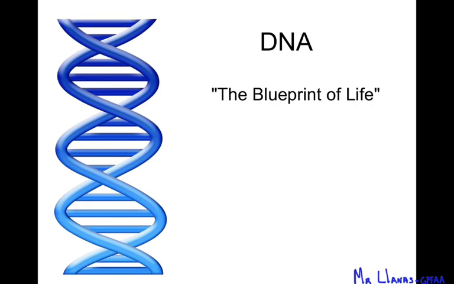Okay, so first and foremost, DNA is a blueprint of life. Just like the blueprints of a house that a construction worker looks at and uses to build a house to the specific dimensions and measurements that the owner wants it to be. DNA is the same thing. It is the blueprint of life because it has all the instructions of how that specific organism is going to look.